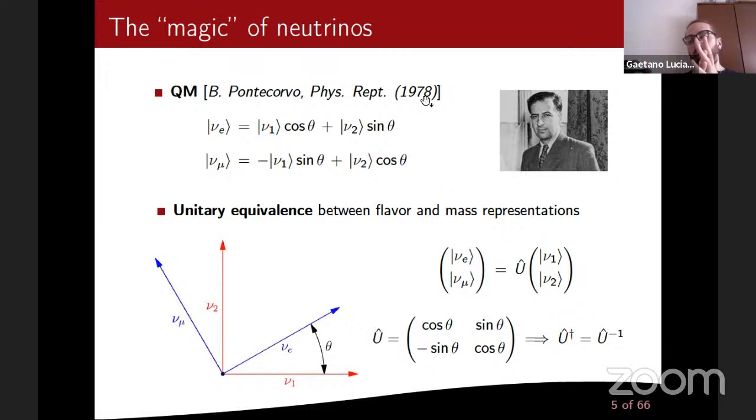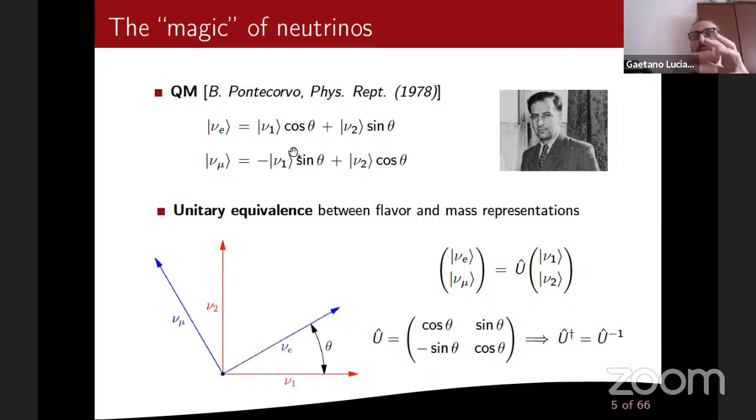In particular, Pontecorvo assumed that the eigenstates of the evolution, the eigenstates of the Hamiltonian, here we are working in a simplified two-flavor approximation, but you can repeat the same considerations also for three-flavor neutrinos, which is maybe the most realistic scenario.